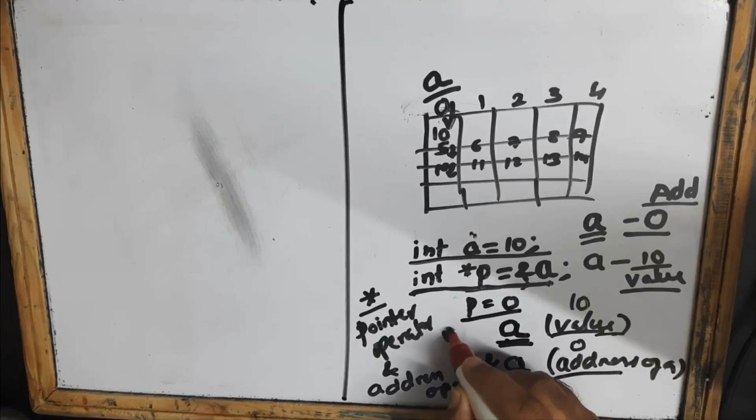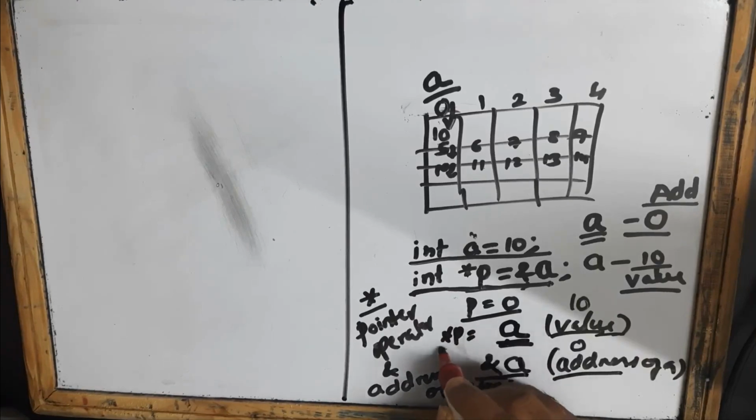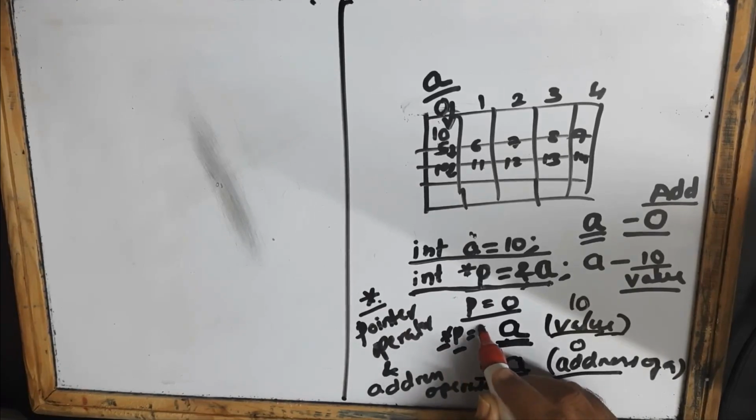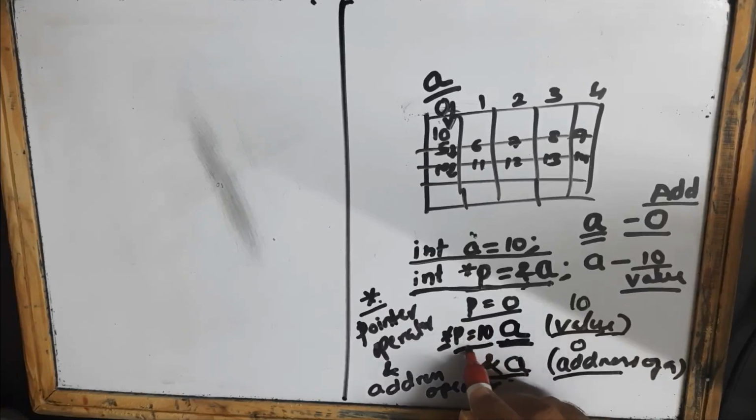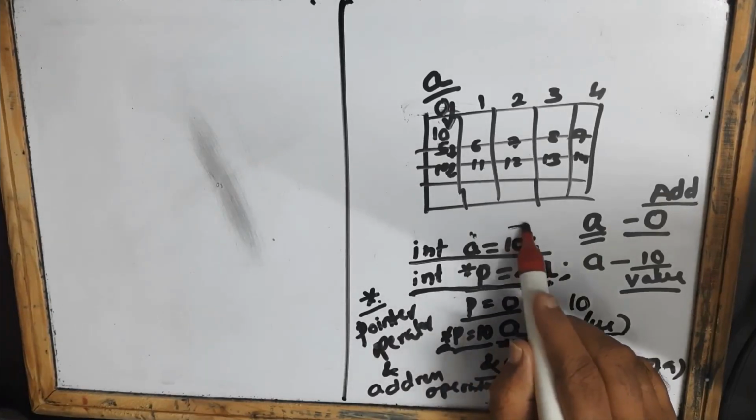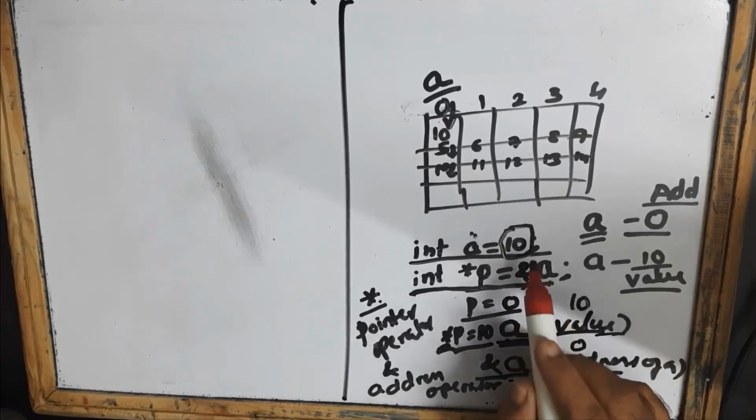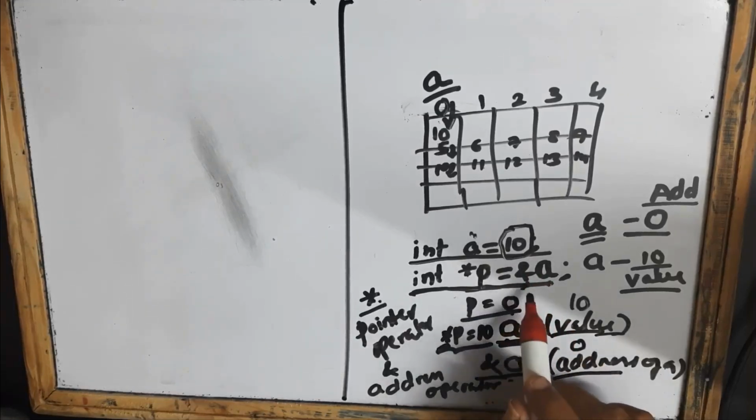Now when you say star P, that means the content of P. The pointer operator, asterisk P, means the content of P. So the content of P is 10, and 0 is the address of A.